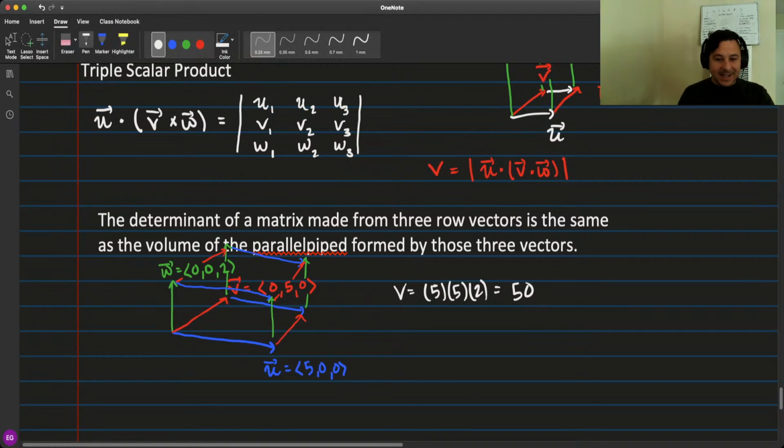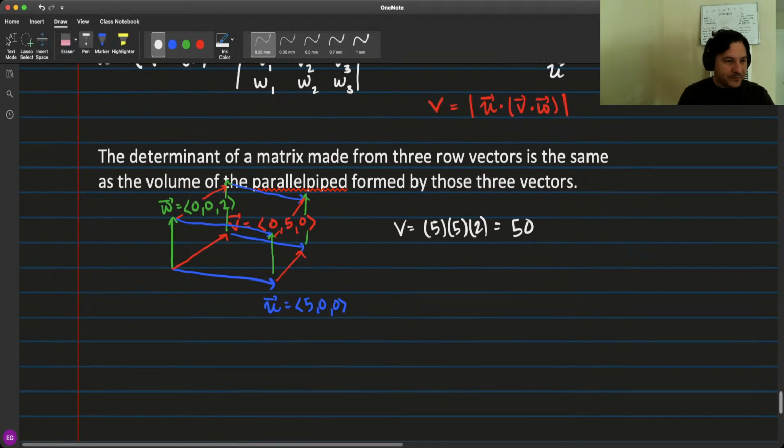And it's pretty surprising that you make your matrix, entering in the order U, V, W. Oops, sorry. U is 5, 0, 0. V is 0, 5, 0. And then the other one is 0, 0, 2. Then you do your calculations.